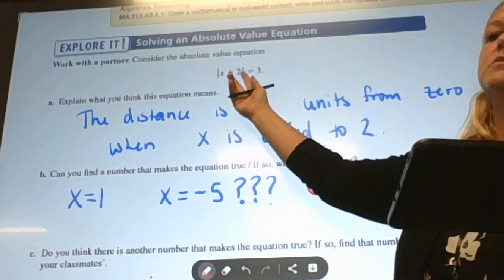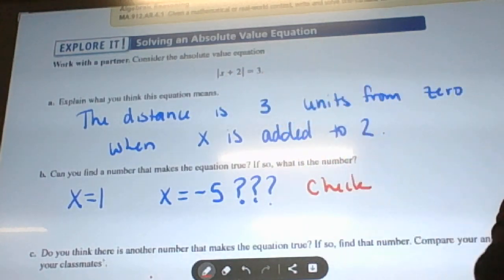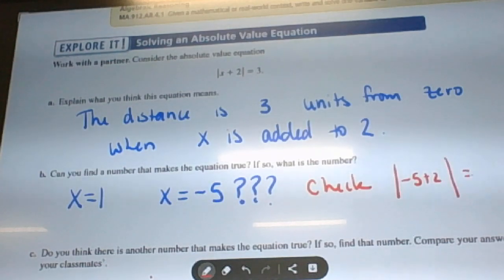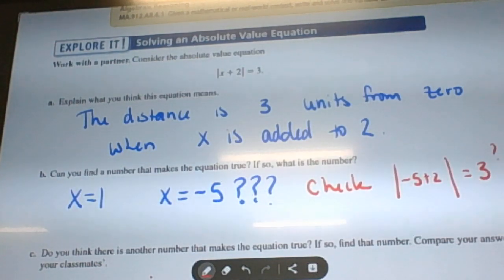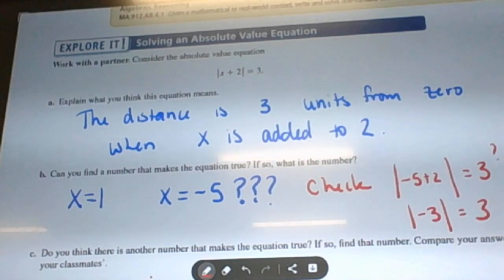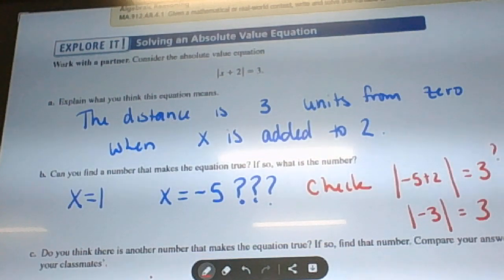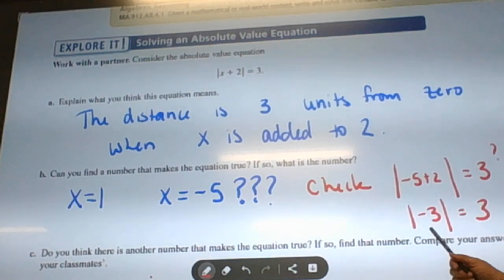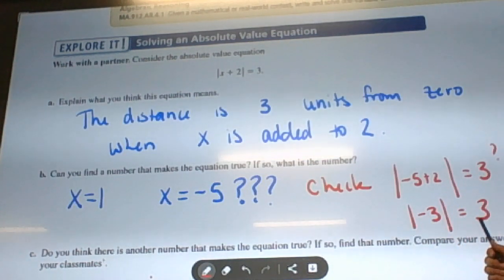And negative 3, the bars will go positive. Let's check it out. Negative 5 plus 2 equals negative 3. Is this right? Is the absolute value of negative 3 equal to 3? Yes, it is. It works. Negative 5 plus 2 is negative 3. The bars make it go positive.